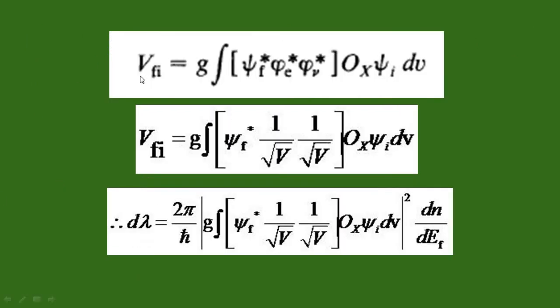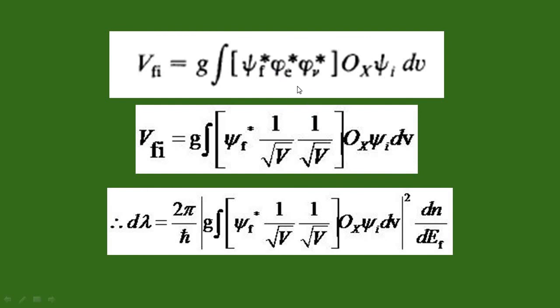This was also already written: Vfi is equal to g into the integral of psi f star, phi e star, phi nu star, O x, psi i dV.